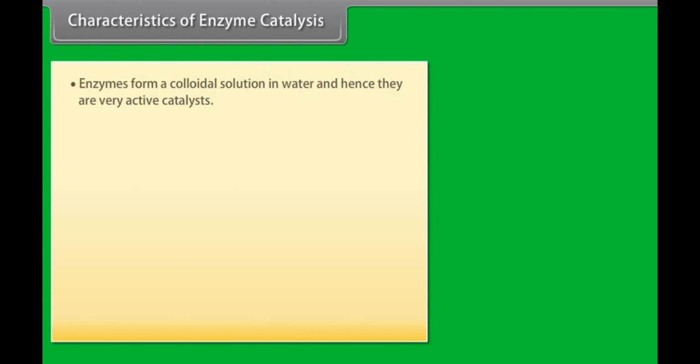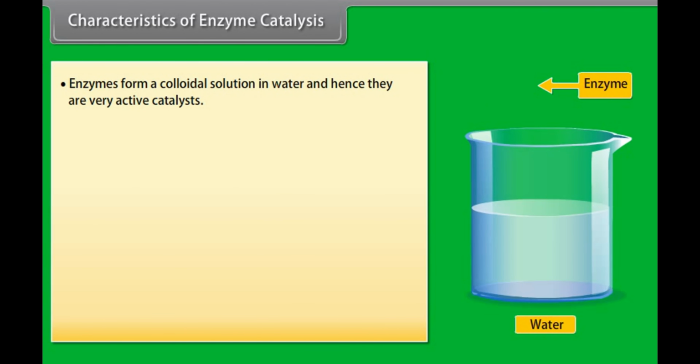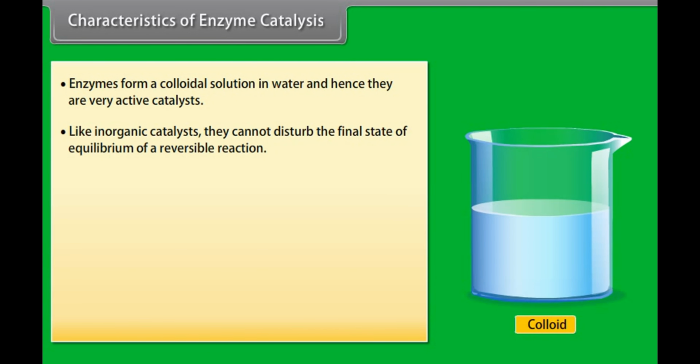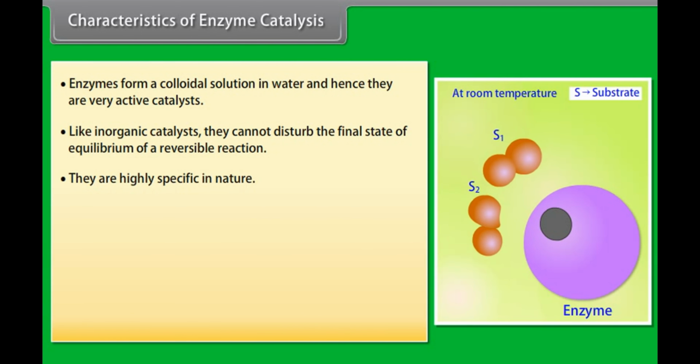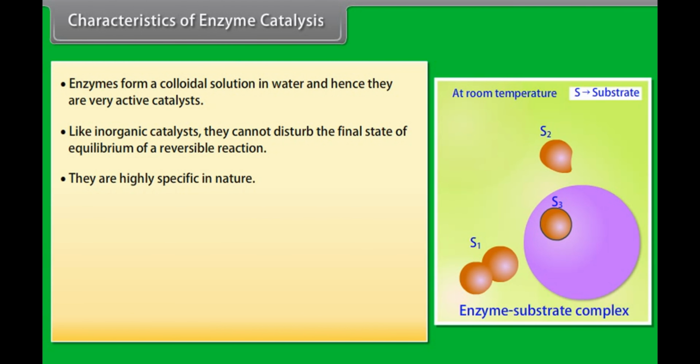Characteristics of enzyme catalysis. Enzymes form a colloidal solution in water, and hence they are very active catalysts. Like inorganic catalysts, they cannot disturb the final state of equilibrium of a reversible reaction. They are highly specific in nature. One catalyst cannot catalyze more than one reaction.